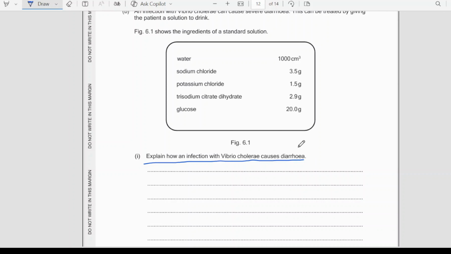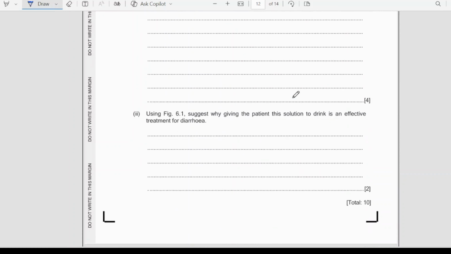Into the lumen. Feces. Correct. You have mentioned all the points.